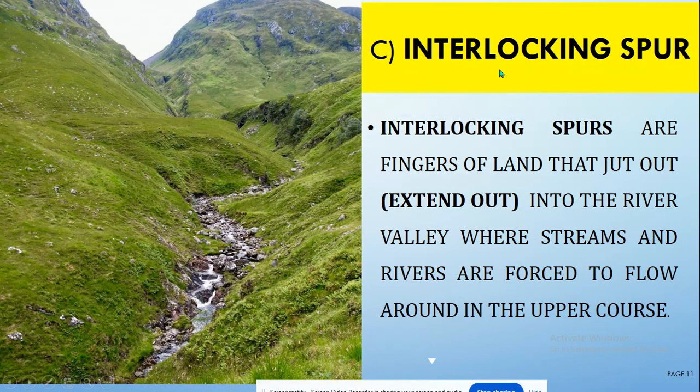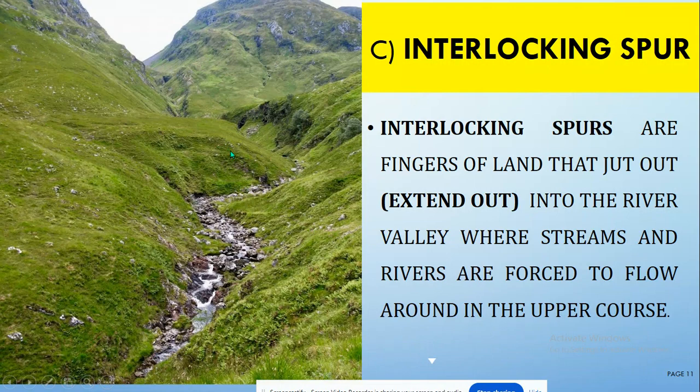Next we have interlocking spurs. Here we have the feature in the image. We have a river, two mountains, two highlands, and in between there is a flowing river.